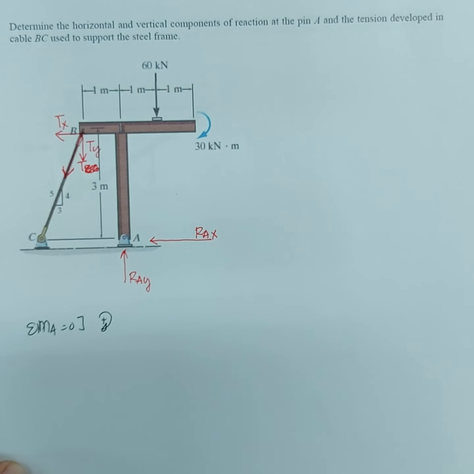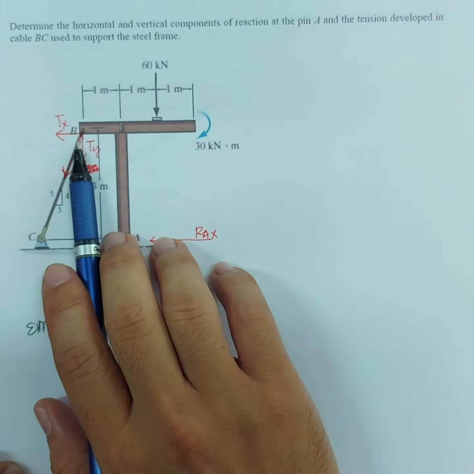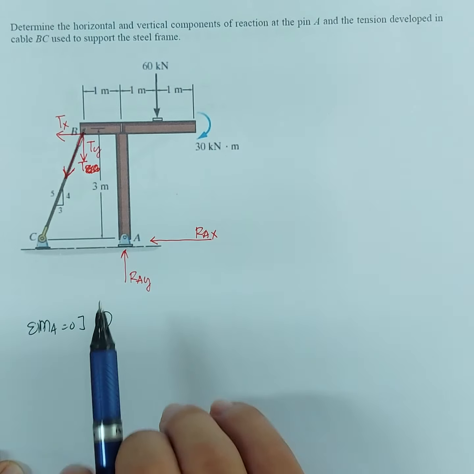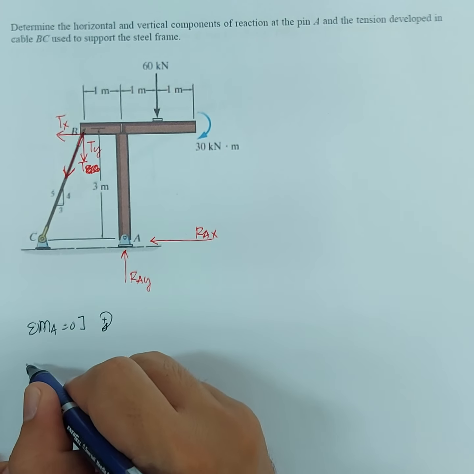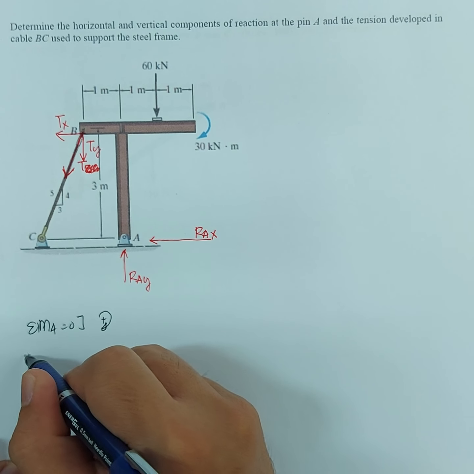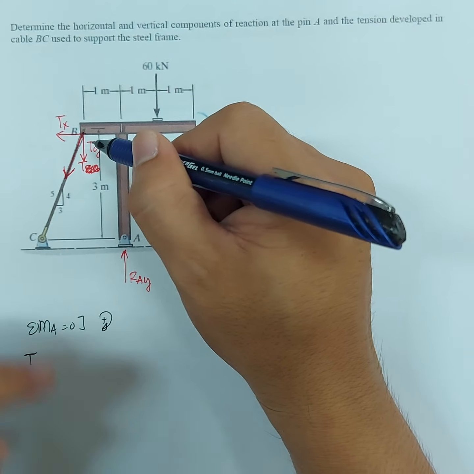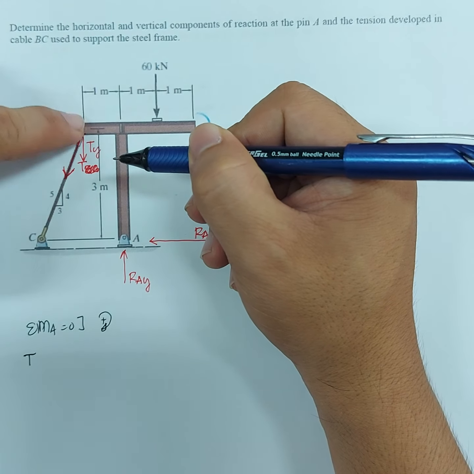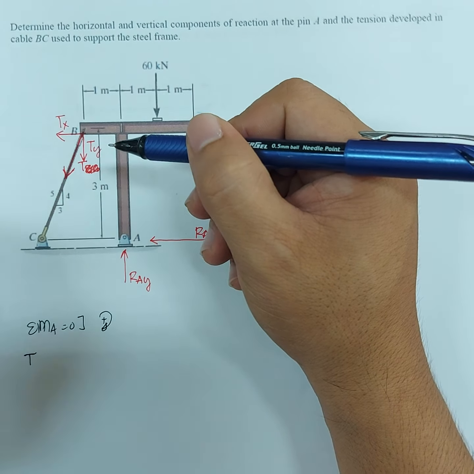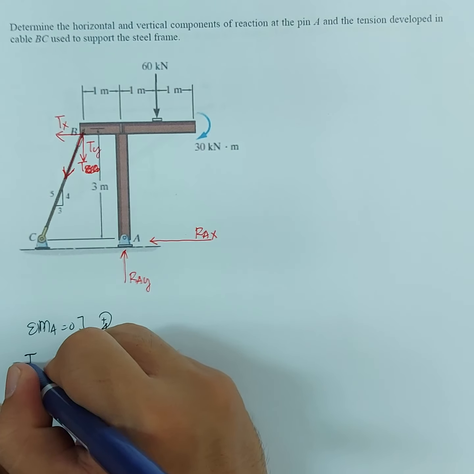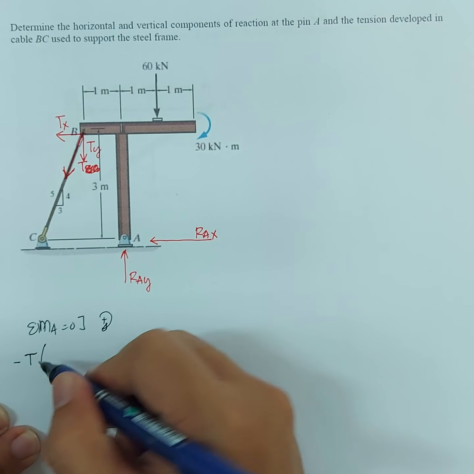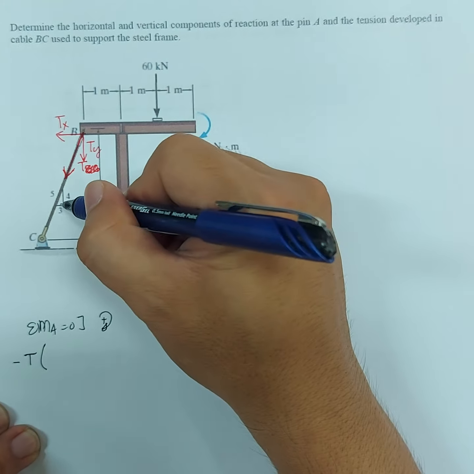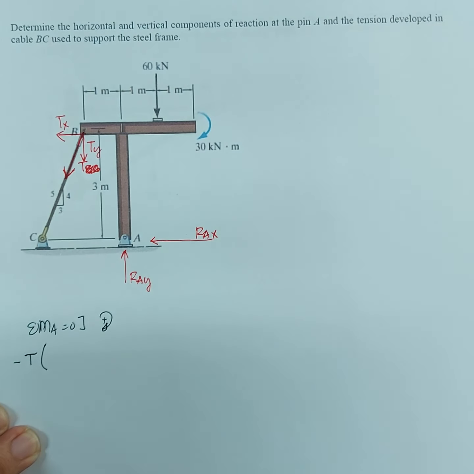So, the moment of, let's start with Tx about A. Tx creates a counterclockwise moment about A. So the rotation is counterclockwise, so it's negative. So T times, what is our Tx? 3 over 5, given the slope of the cable.